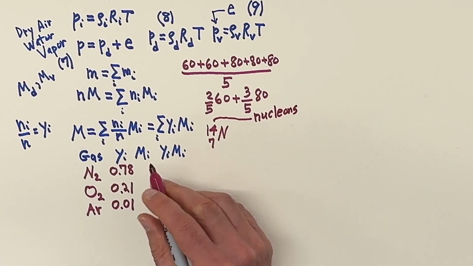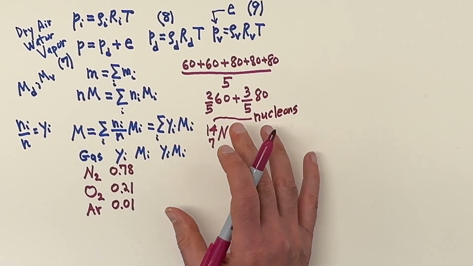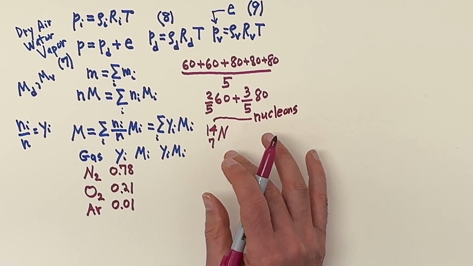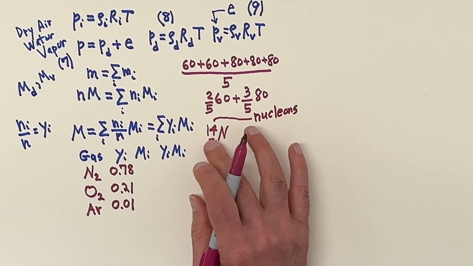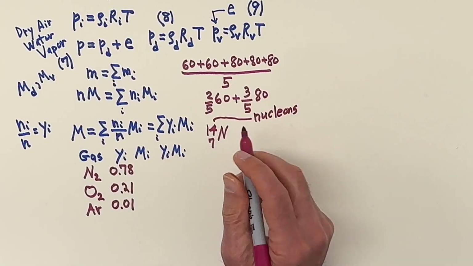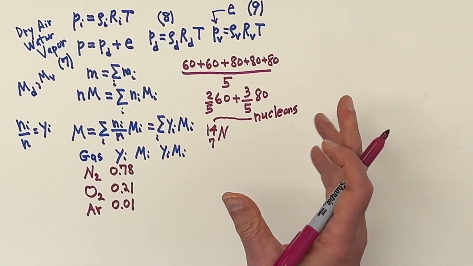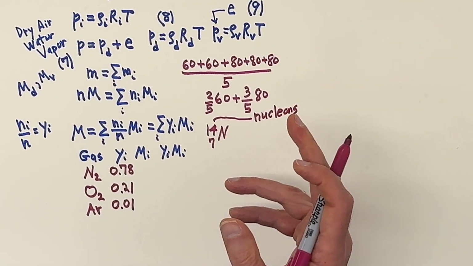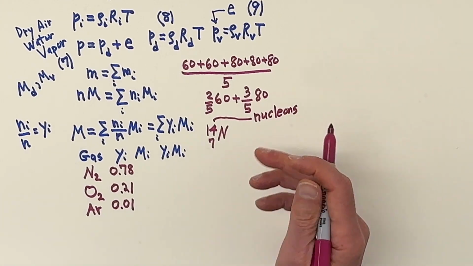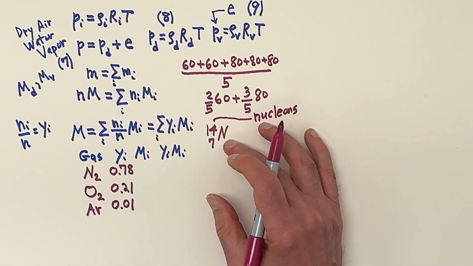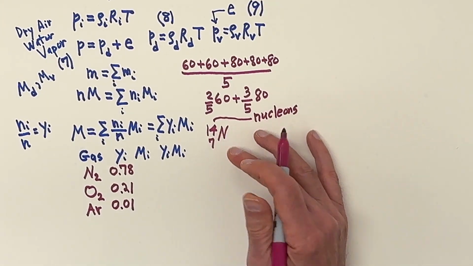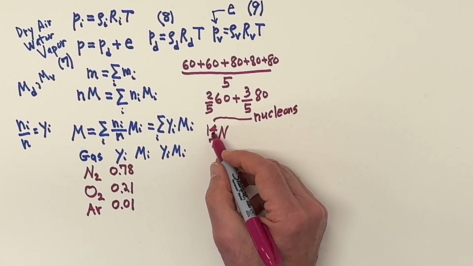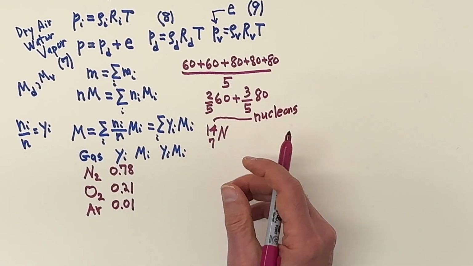But when we do this analysis more carefully, we'll actually go to the periodic table, and this 14 will be something like 14 point something because they're taking a weighted average of the different isotopes, but mostly it's nitrogen 14. And that's why I sometimes call that the atomic weight, because it's a weighted average.